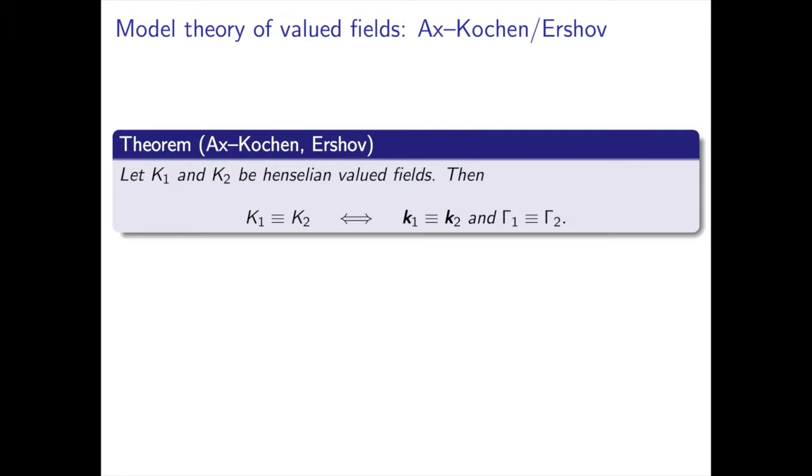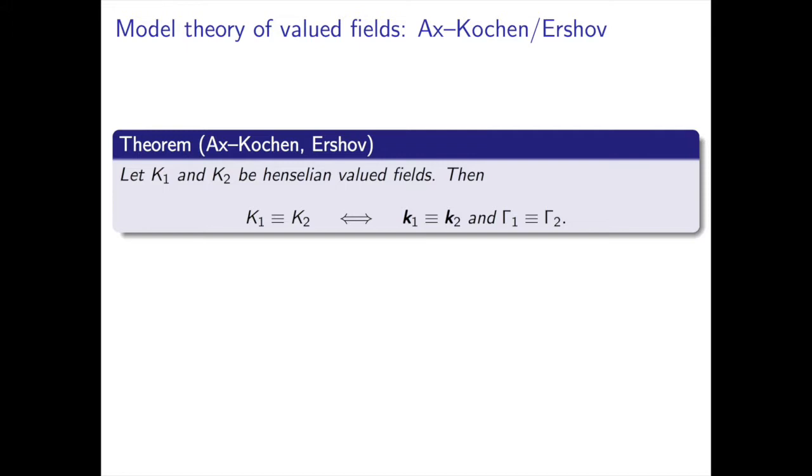And okay, I will define all these things later. So these are two simpler structures that are associated to the valued field. You should maybe think of a valued field as the little k being the field of coefficients, and the gamma as being like the group of rates of growth.